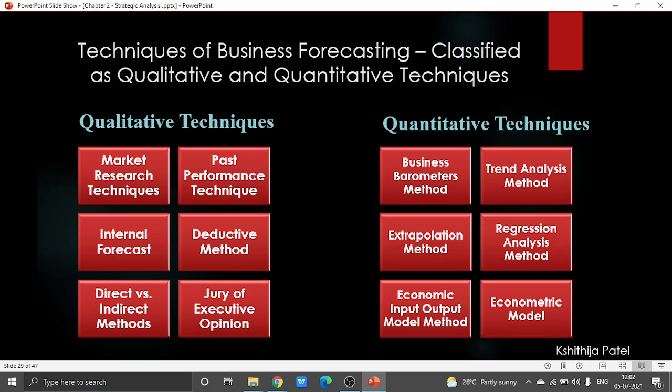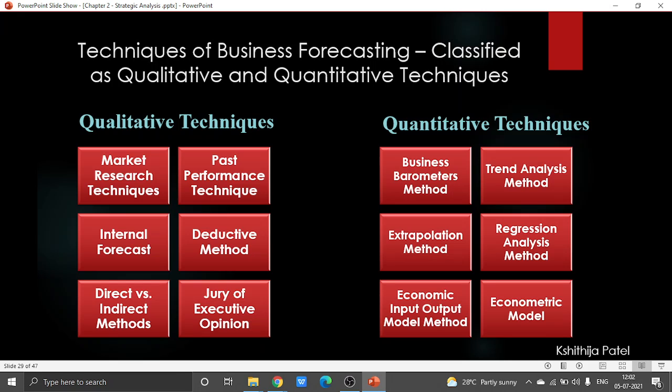In today's session, we shall see direct versus indirect method. If I'm not wrong, we had discussed this also, but we'll just brief it out.